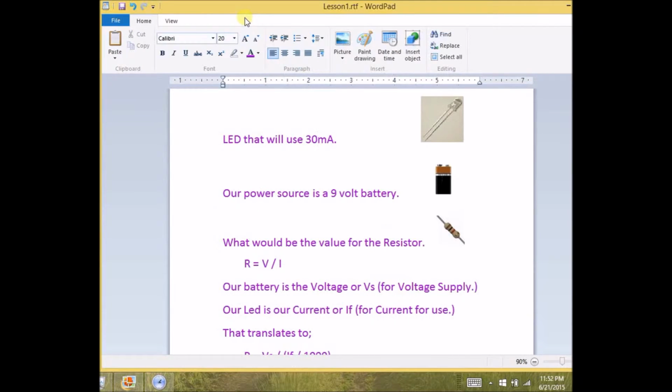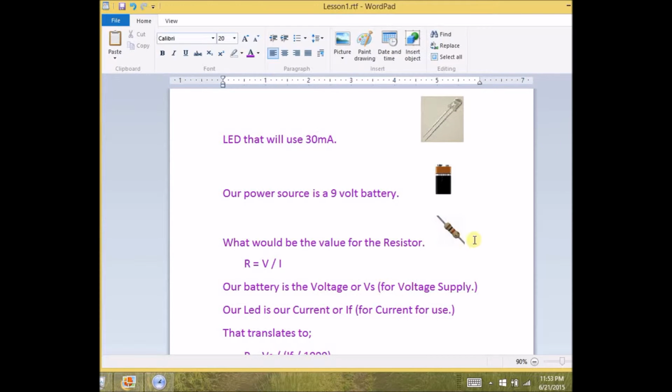So when we send the voltage to our LED so it can put it to work using that current it's getting, we need a way to control that voltage, so that when it gets there, it doesn't overwhelm the LED and blow it out.